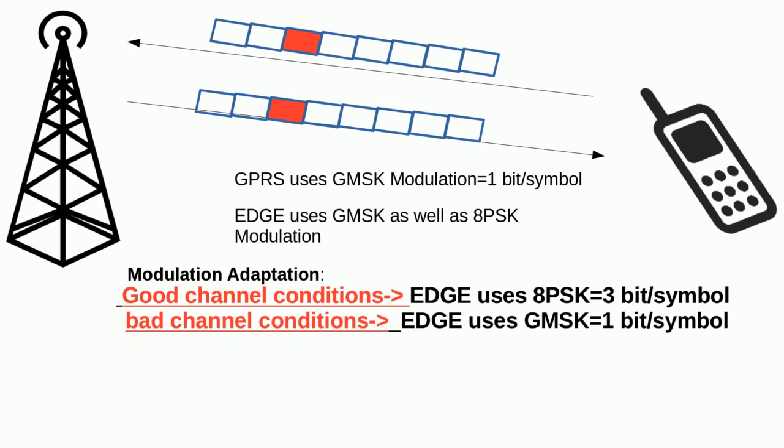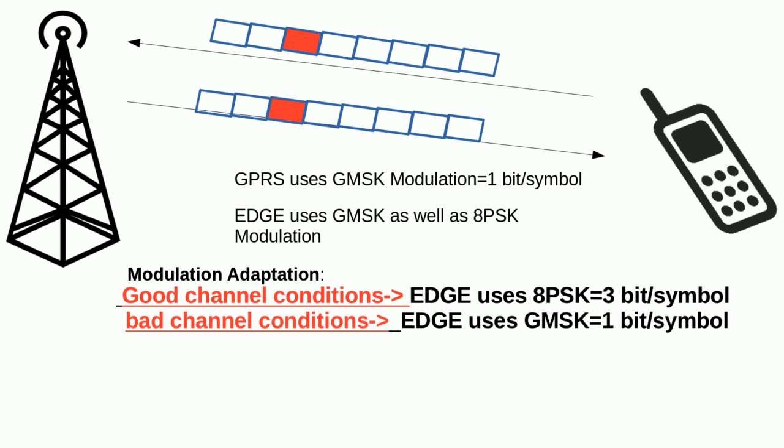So it's not useful to use 8 PSK. So we switch back to GMSK, in which we are at a lesser data rate as we are sending 1 bit per sample. This is known as the modulation adaptation that we do in the case of Edge, and we try to get advantage of good channel conditions by using 8 PSK in those conditions.